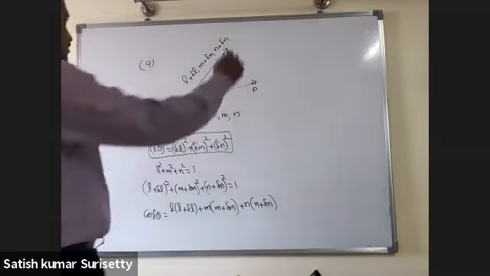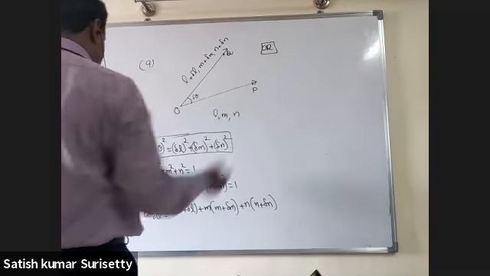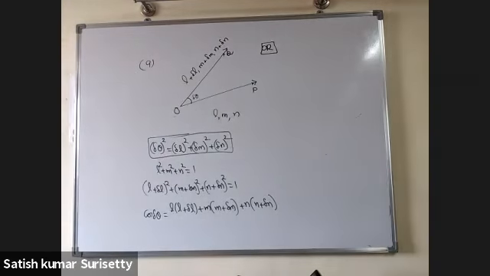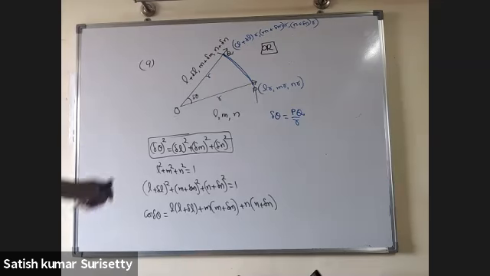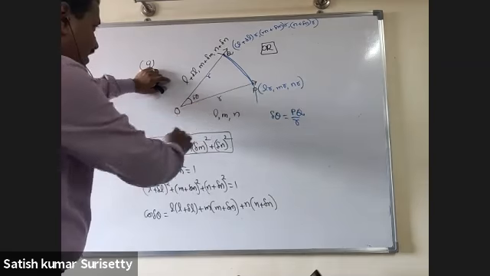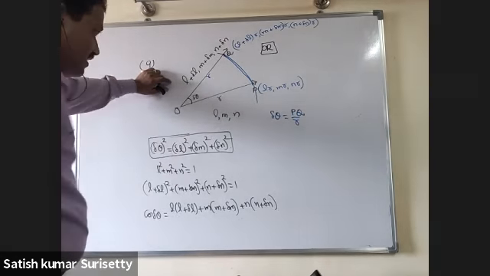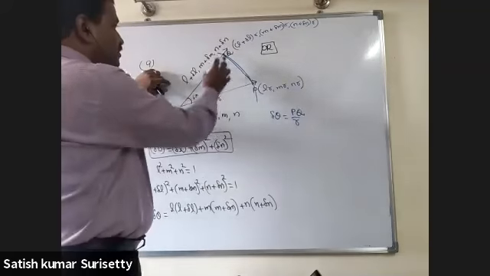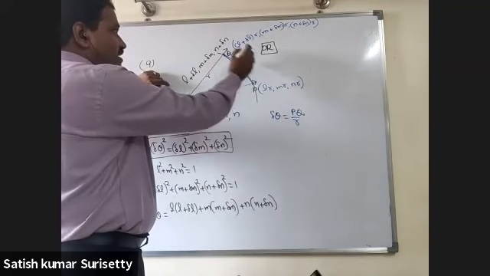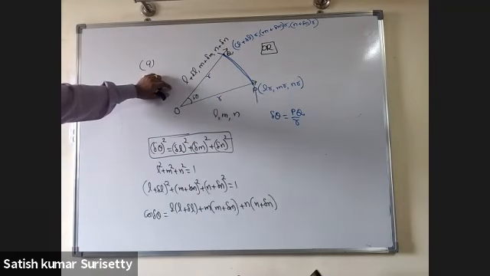And you can have one more method also. So first try to prove this by the first method. Go through the second method. If I take OP length as r and OQ length also r, and the angle between them is delta theta, then the coordinates of P and Q are (lr, mr, nr) and ((l plus delta l)r, (m plus delta m)r, (n plus delta n)r).